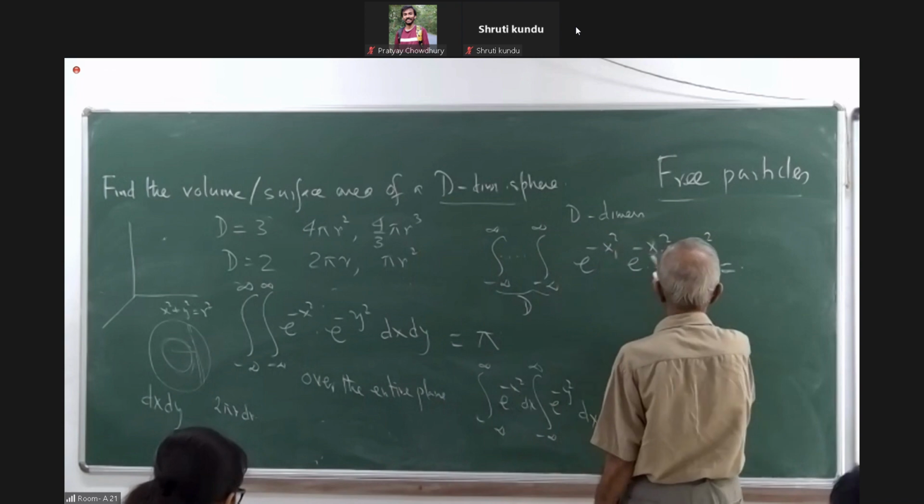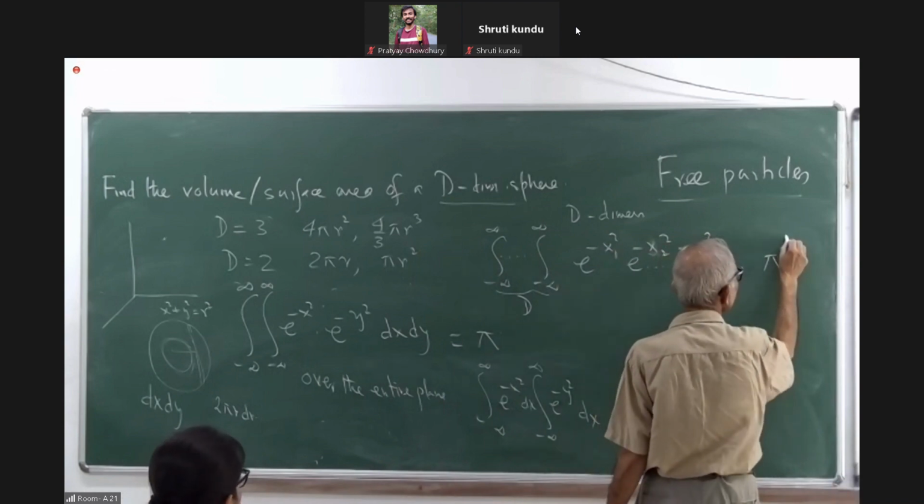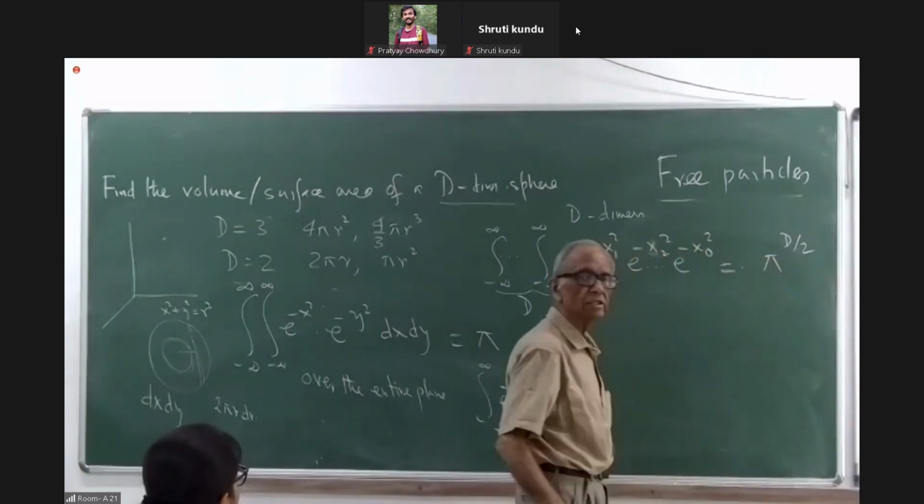Each one of them is a square root of pi, and therefore the answer is pi to the power d over 2.